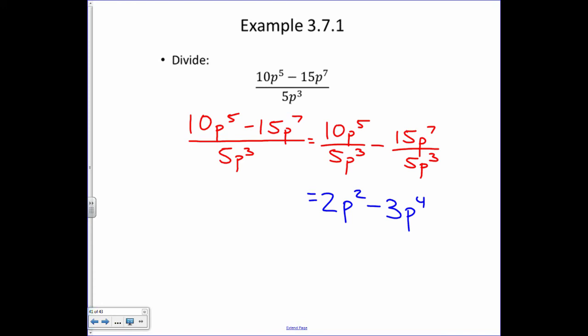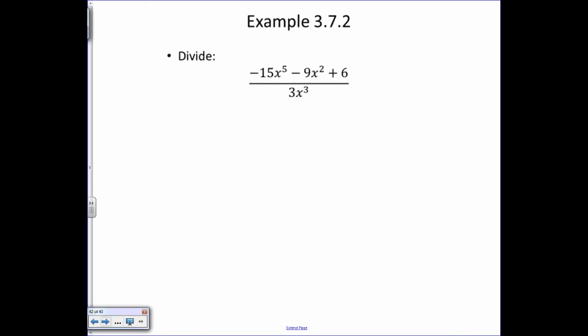Let's try one more example. Here we have negative 15x to the 5th minus 9x squared plus 6 divided by 3x cubed.